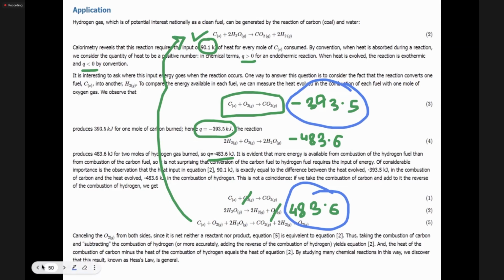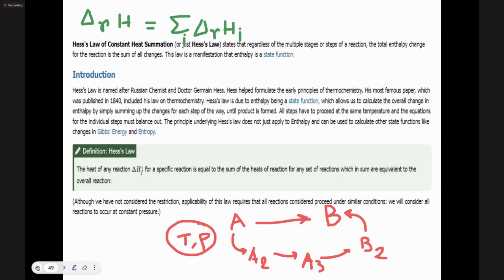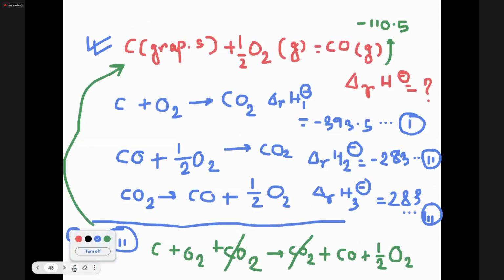So finally, this can be concluded with a pictorial diagram for Hess's law. Now if we have a procedure where we are going from a state A to state B, let me summarize what we learned in this class.